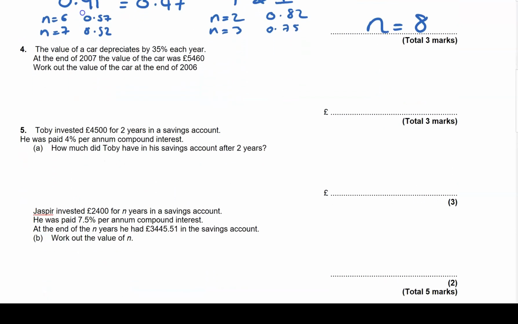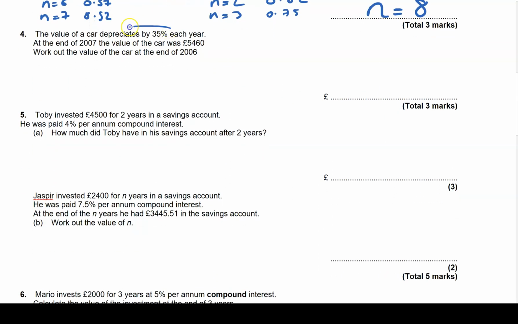Right, number 4. The value of a car depreciates by 35% each year. It's not far off. At the end of 2006, the car was worth that much. Work out what it was at the end of 2000. So actually we're going backwards, aren't we?